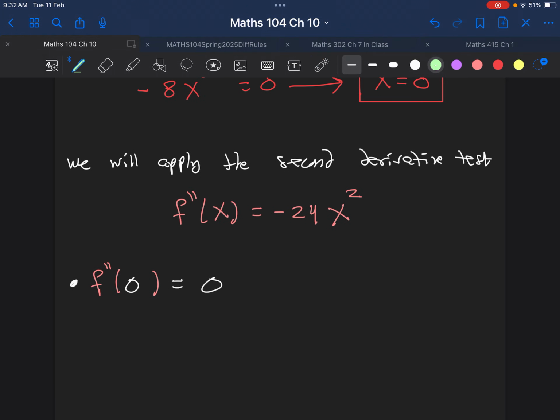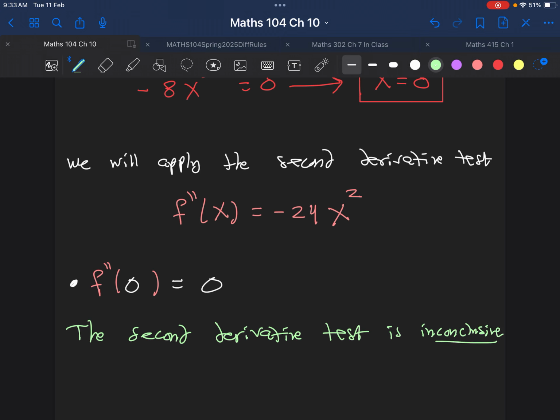So here we will stop and we will write the second derivative test is inconclusive. It means it doesn't tell me any information. It could be positive, it could be negative. So we need to apply the first derivative test.